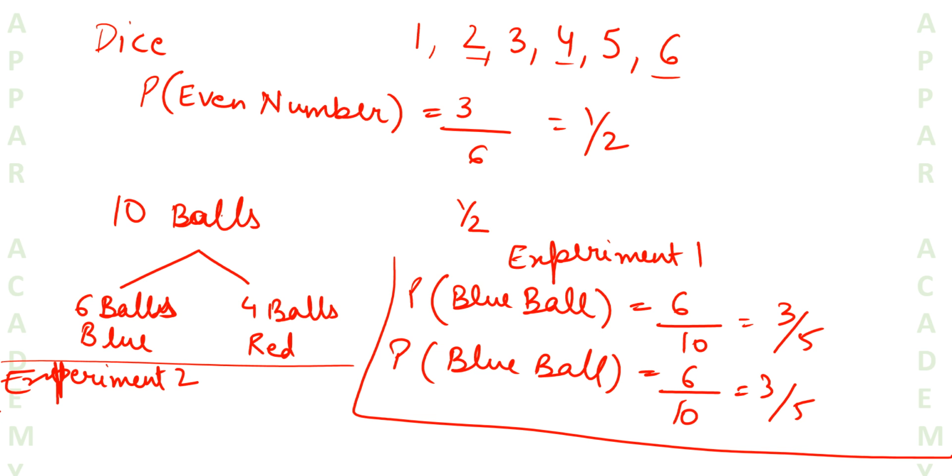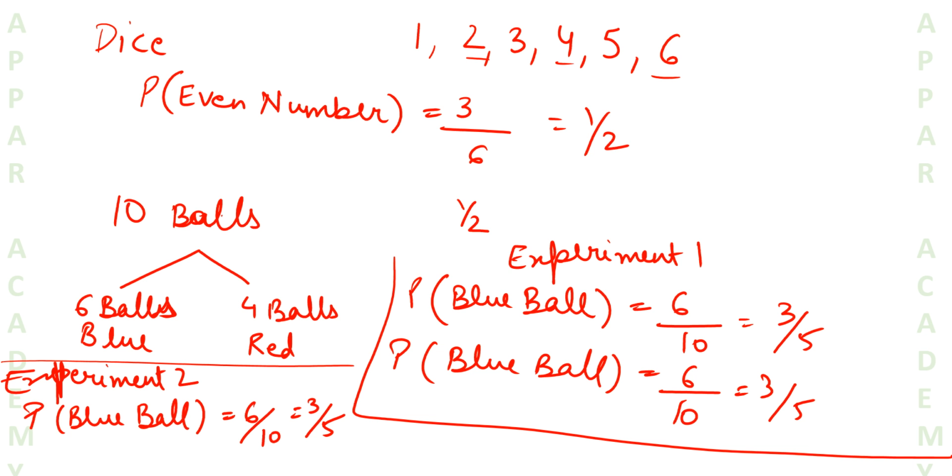In my experiment 2, trial number 1, what is the probability of getting a blue ball? You will say that this is simply equal to 6 upon 10, that is 3 by 5. Now I have picked up a ball, and let's suppose that ball was a red ball. When I picked up that red ball, I've kept it aside.